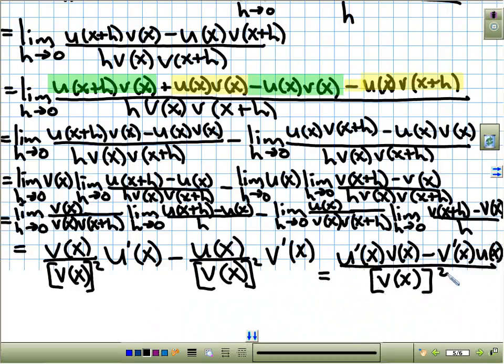Now, look at this. So we're saying this. The derivative of u of x over v of x is the derivative of u of x times v of x minus the derivative of v of x times u of x all over v of x squared. In other words, the derivative of the top times the bottom minus the derivative of the bottom times the top.